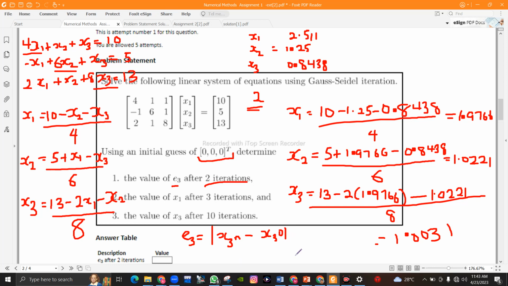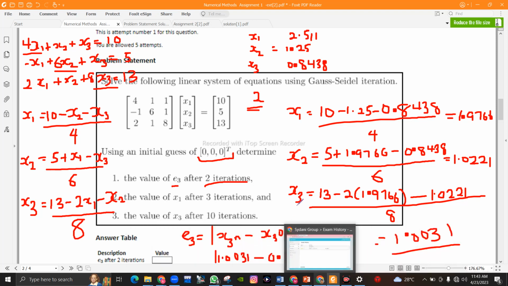So what's our x3 new? This is x3 new, 1.0031, minus x3 old, 0.8438. If you take the magnitude of that, you're going to have 0.1593.